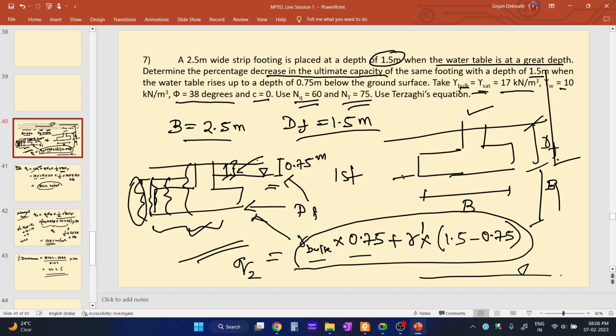The depth of the foundation is 1.5, and the depth of the water table is 0.75 from the top, so if we subtract 0.75 from 1.5, we get the submerged depth. If we multiply it with the submerged unit weight and add gamma bulk into 0.75 for the upper part, we will get the value of Q2.